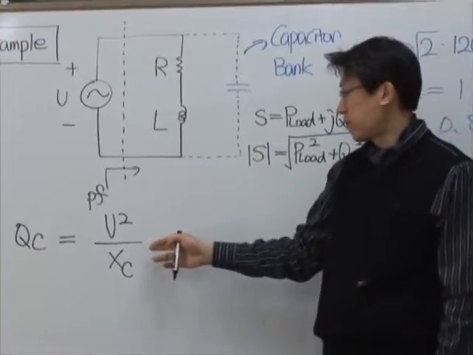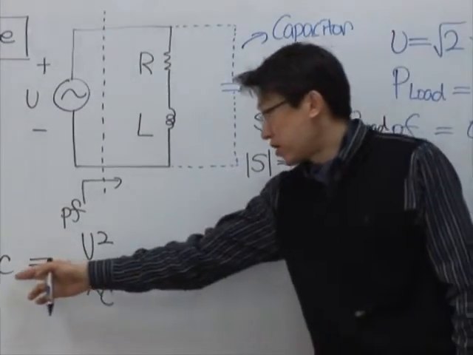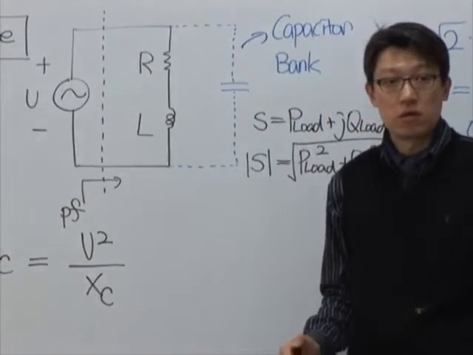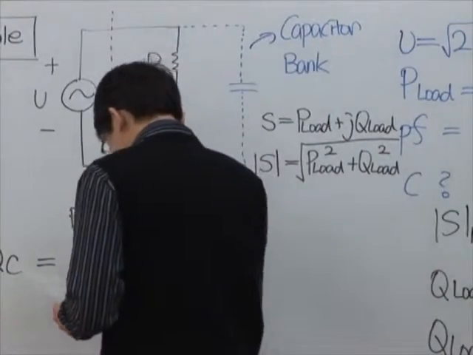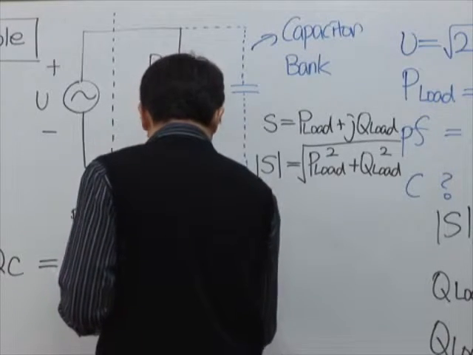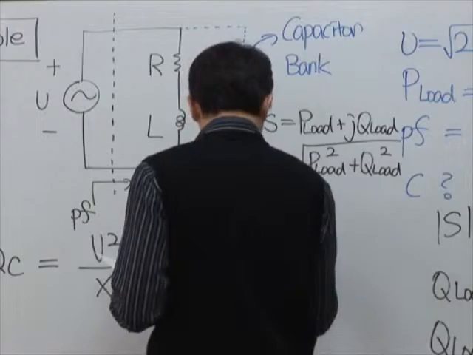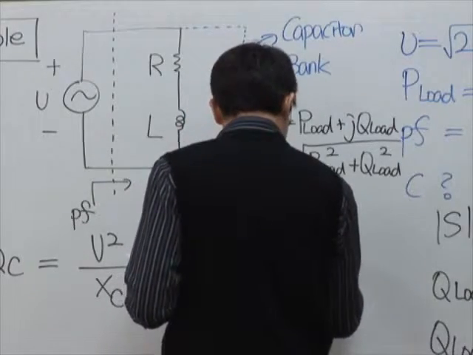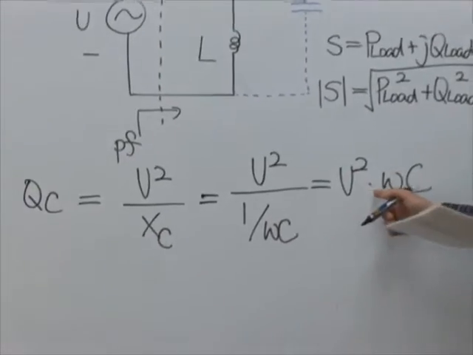V squared divided by impedance is the same as the reactive power. Okay? And this one is now V squared divided by 1 over omega C, so V squared times omega C.